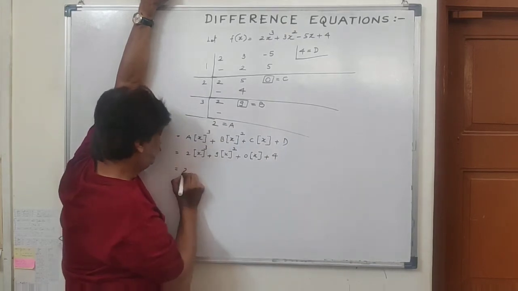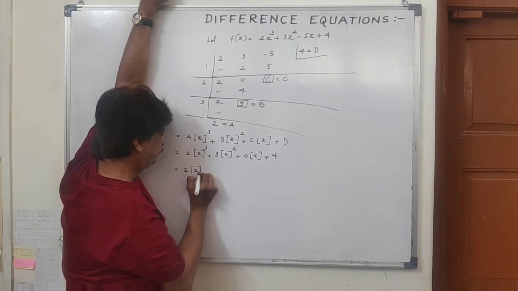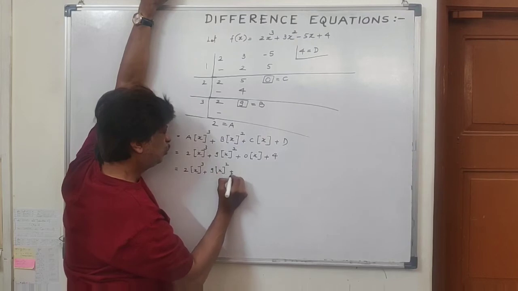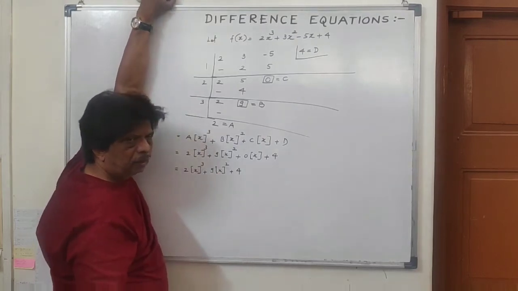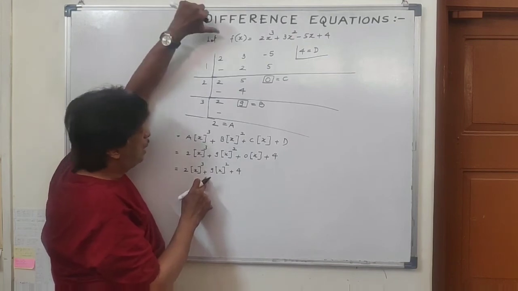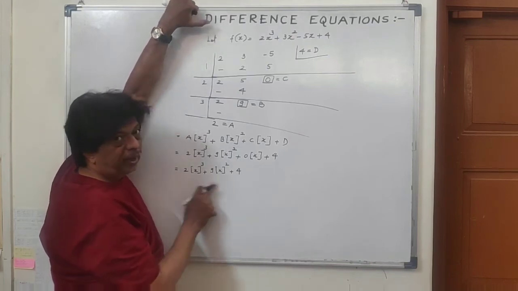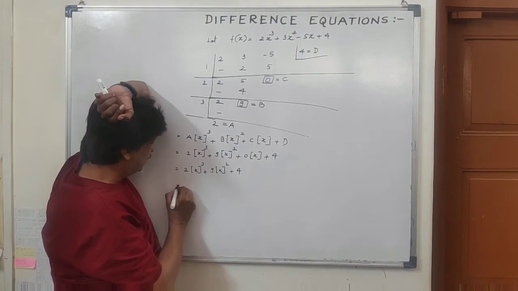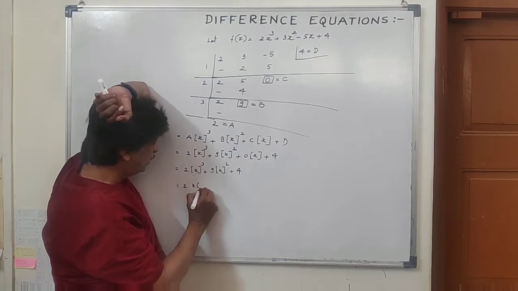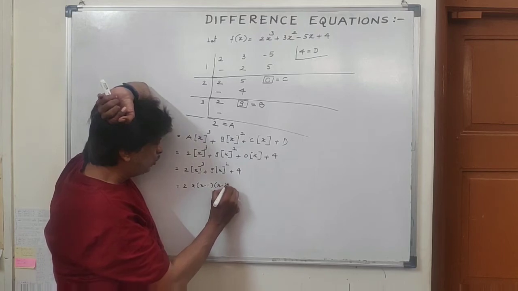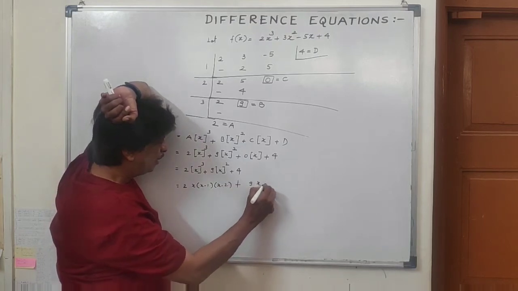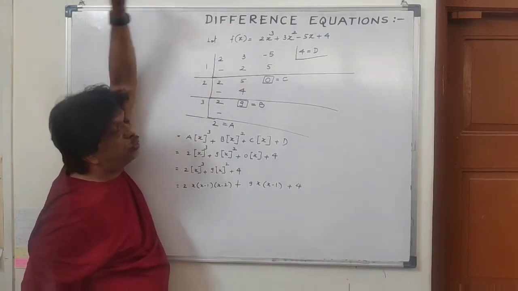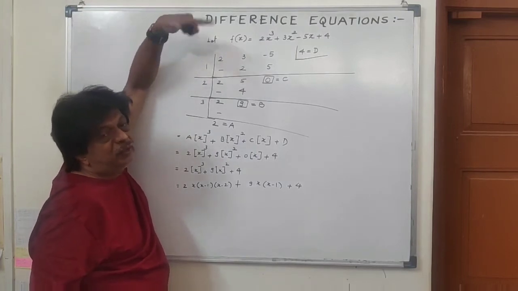So that is 2 factorial x cube plus 9 factorial x square plus 4. That is the corresponding factorial polynomial of this given polynomial. If you expand this, 2 into x into x minus 1, x minus 2 plus 9 times x into x minus 1 plus 4. If you simplify this, you will get 2x cube plus 3x square minus 5x plus 4.